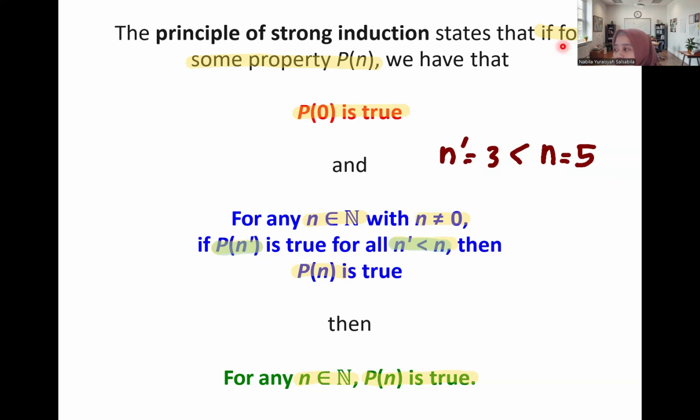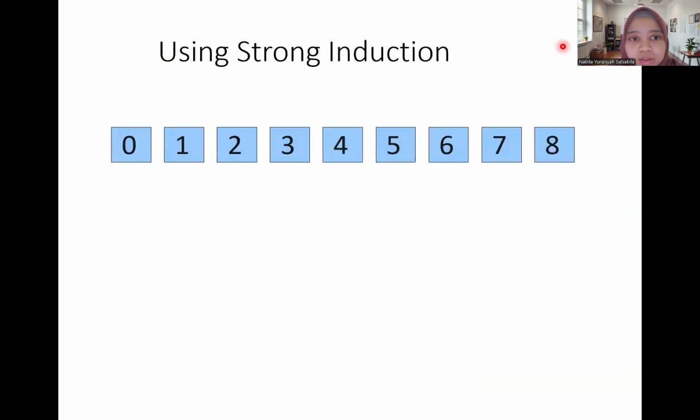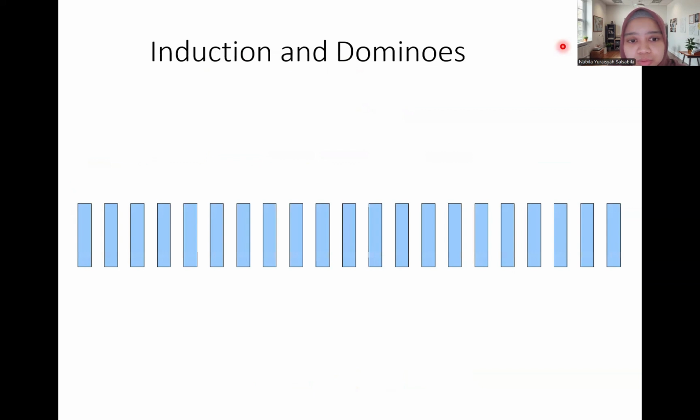So we want to prove that if P3 is true, then P5 is true. Let's continue. Assume that Pn holds for all natural numbers smaller than n. Let's see: 0 is true, 1 is true, 2 is true, 3 is true, 4 is true.